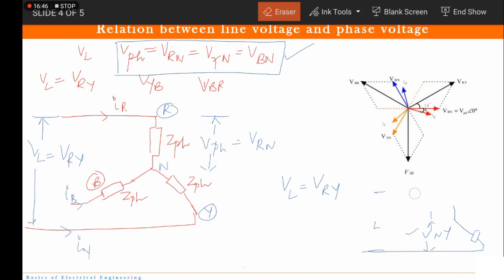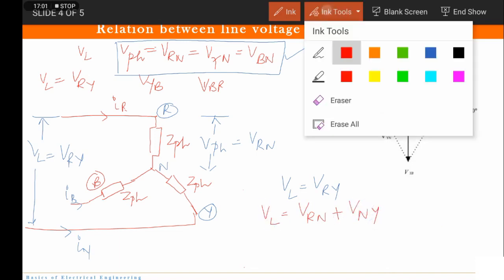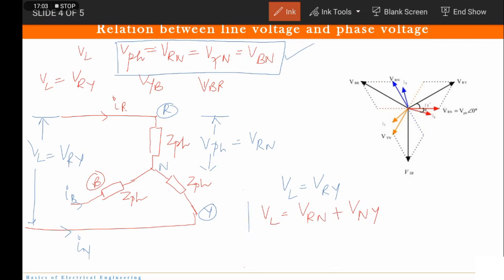Okay. So what I will do is, I will write that equation. This line voltage is nothing but the sum of these two voltages. This is line voltage. Please remember this.